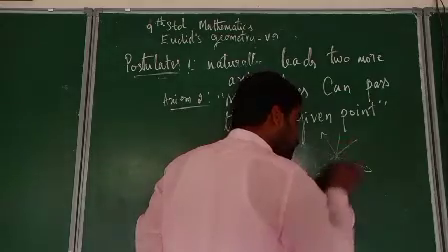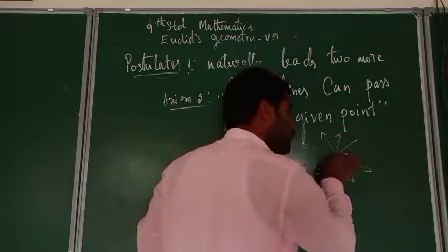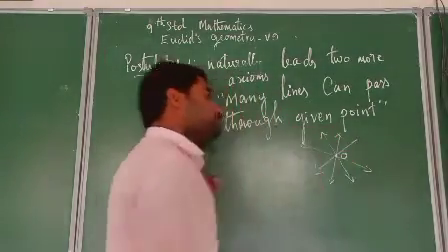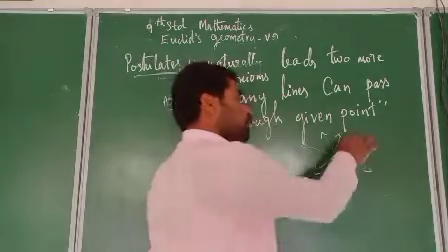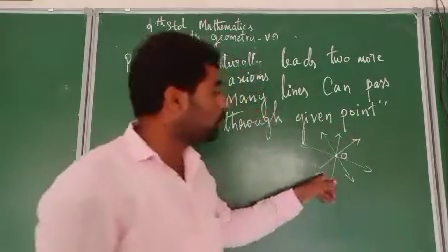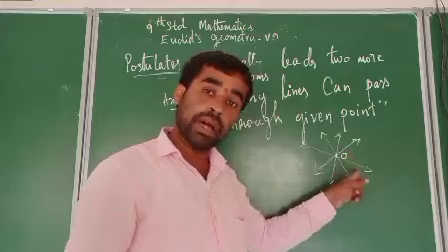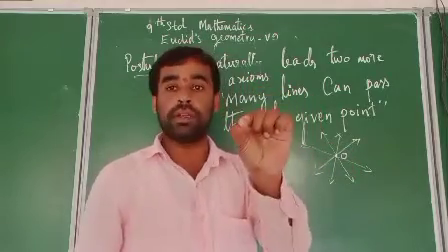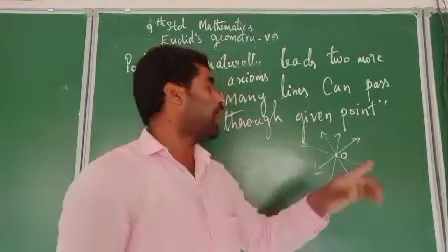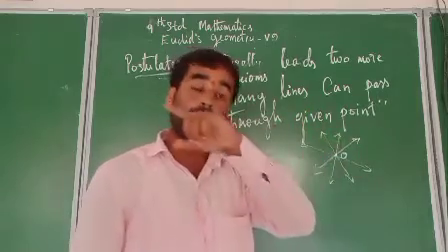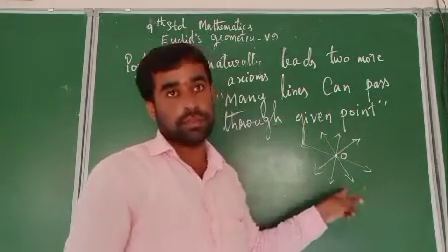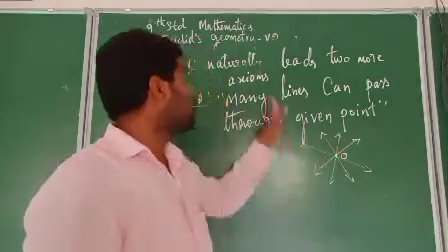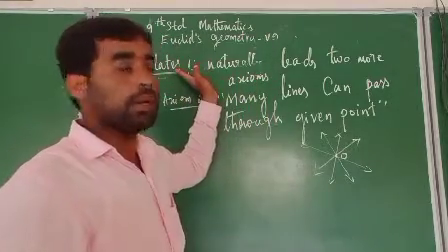We can draw an infinite number of straight lines passing through a given point. At one point we can draw an infinite number of lines. This is the axiom 2, which comes from the postulate 1.